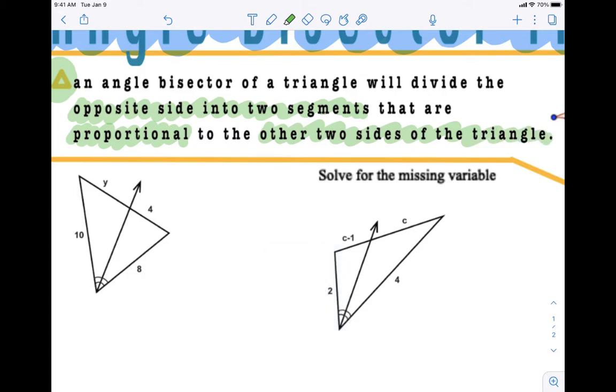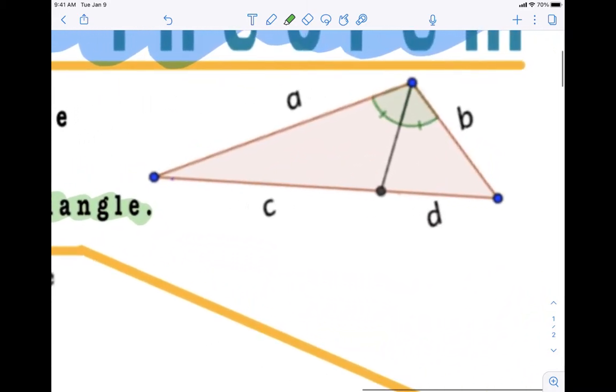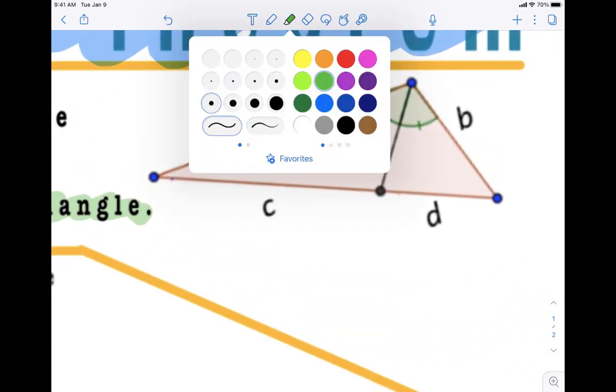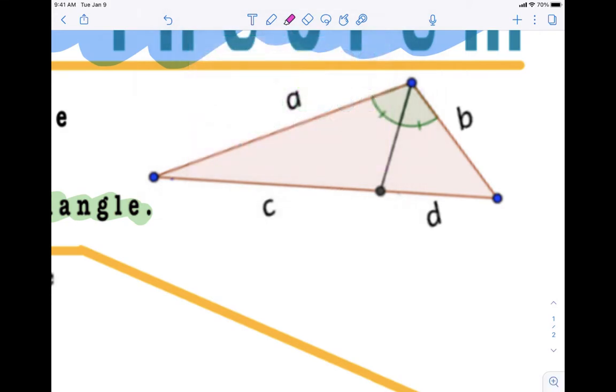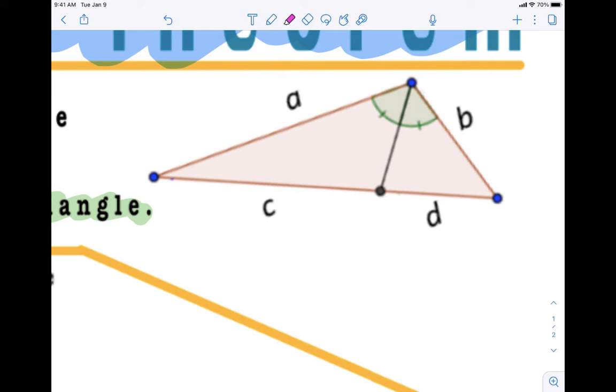What in the heck does all of this mean? Alright, let me show you. So it says an angle bisector, right? An angle bisector. So this segment here is bisecting this angle right here into 2, 1 and 2.